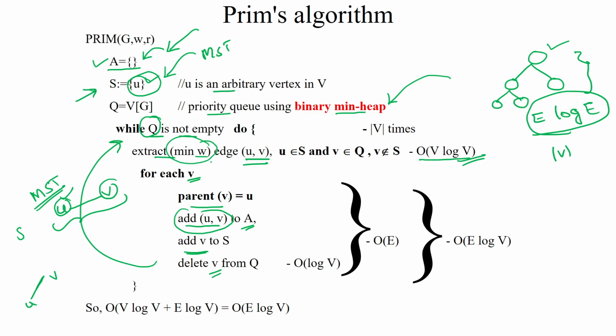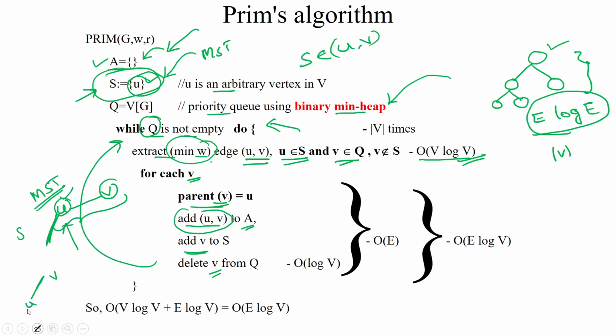Again for the next vertex, u belongs to S, and S already has two vertices. So u belongs to S and v belongs to Q, an unvisited, that is, unconnected vertex. Then the parent of the new vertex will be whichever node you selected in the minimum spanning tree. Then add that (u, v) into the minimum spanning tree like this.